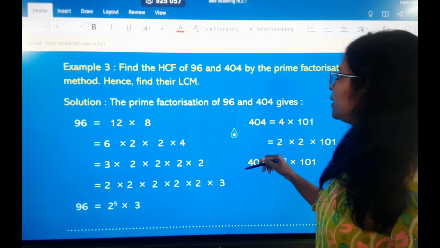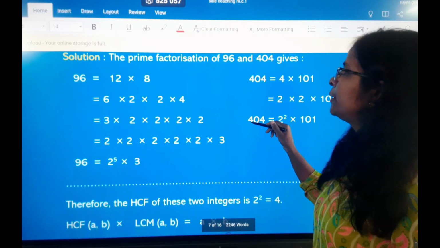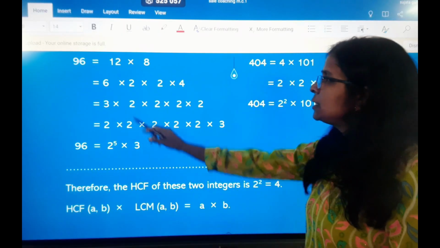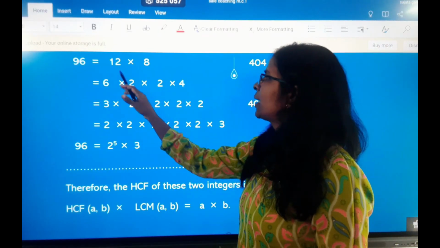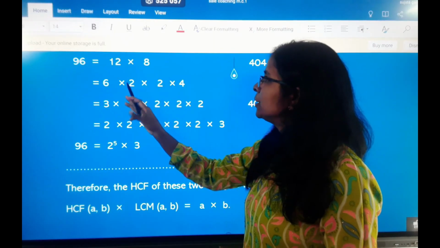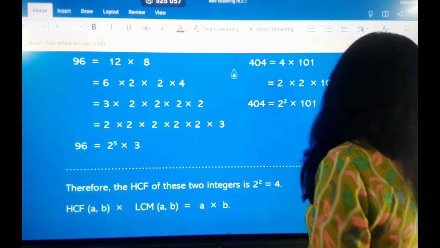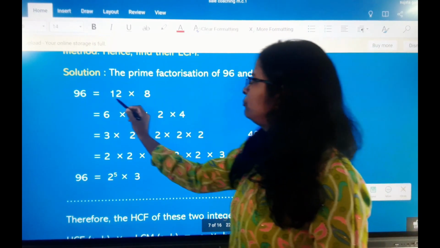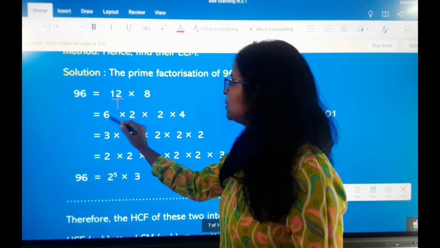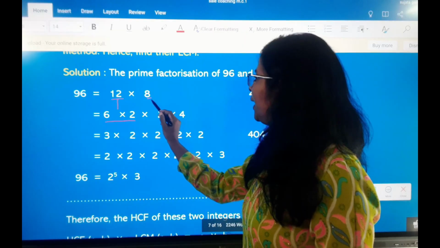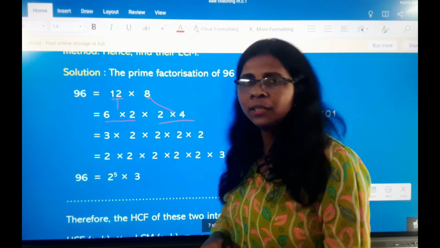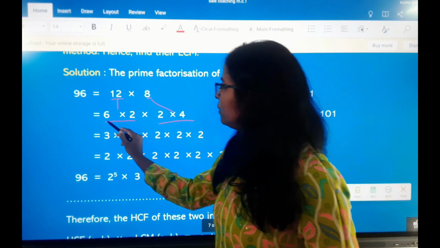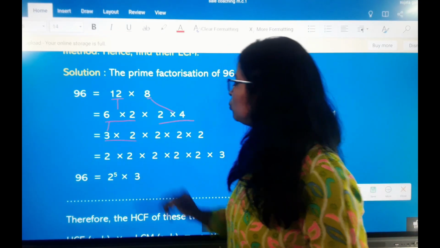Now, prime factorization of 96 and 404. First let us take out the factors. So for 96, I know that 12 8s are 96. So 12 multiplied by 8. Now the factors of 12: 6 2s are 12, and for 8, 2 4s are 8. Then again factorize the 6: 3 2s are 6.